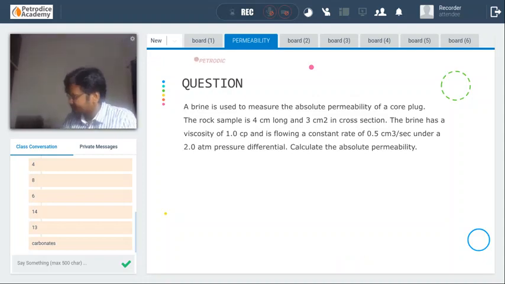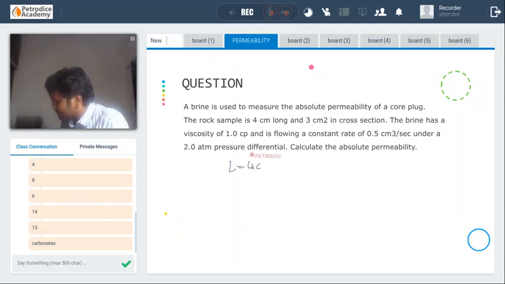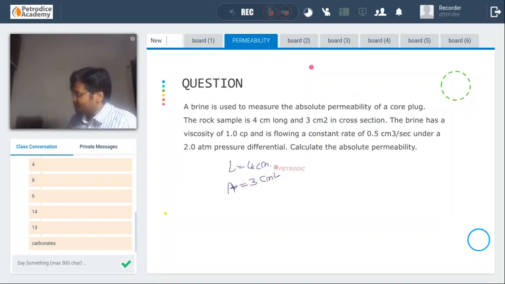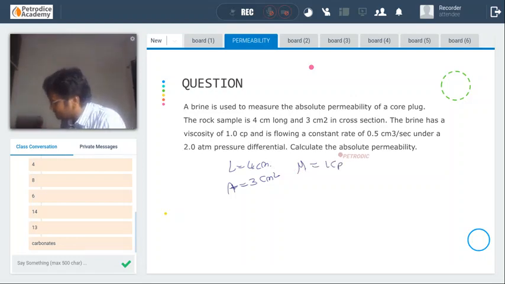If you can see here, we need to find the absolute permeability of a core plug. A core sample has been given, which is having a length of 4 centimeter. The area of cross section is 3 centimeters square. The viscosity of the brine that is used to flow through that particular core sample is 1 centipoise, and it is flowing at a flow rate of 0.5 centimeter cube per second, and the pressure difference is 2 atmosphere.